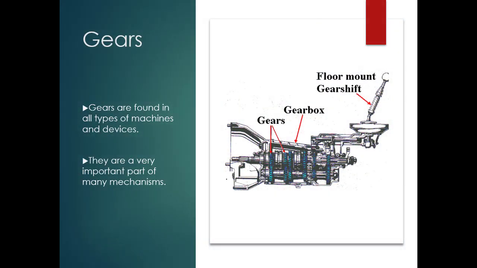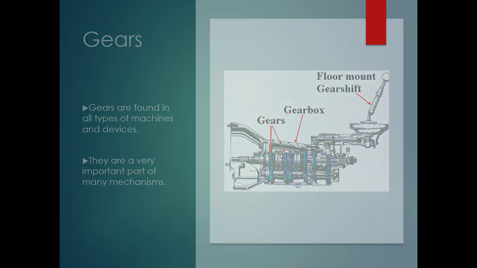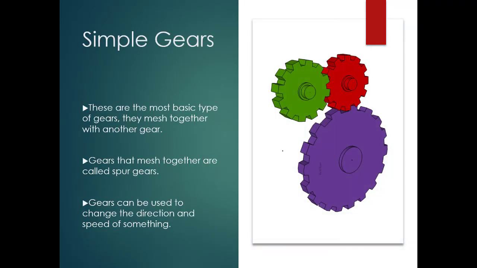Now, gears. This is an important one because virtually every single modern machine uses gears in some way. It's an extremely important part of many mechanisms, and the first one that most people become aware of is the gearbox in a car. Now, that's all you need to be able to know, is just identify that the gears are used there. Now, let's have a look at some common gears.